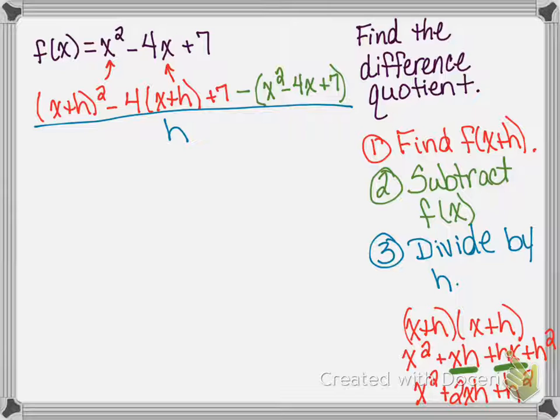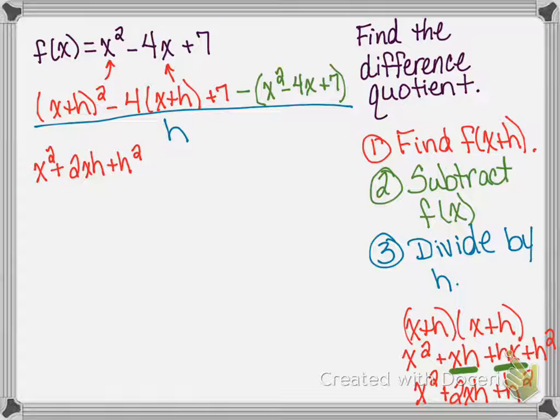Anytime you do x plus h squared, that's what you're going to get, every single time. So I wouldn't memorize it, but you should see that pattern every time that you do it.